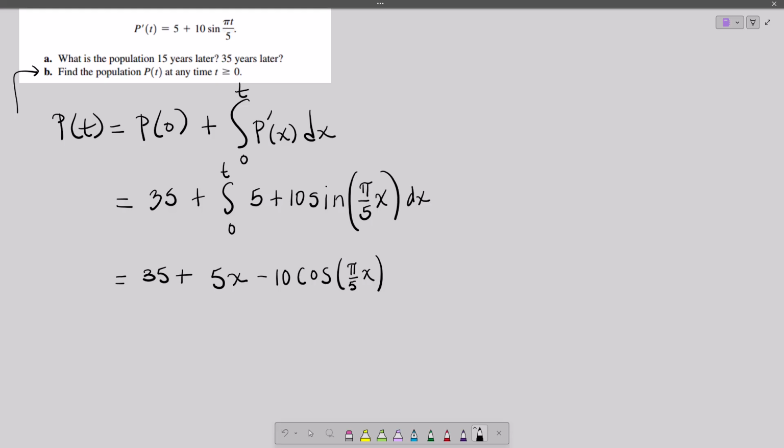Now we have to do the RCR business. This is a linear function right here. That is linear. That tells us that we can use RCR, the reverse chain rule. You could use substitution. If you want to do 5 extra steps, you can do substitution. Totally fine. What is the derivative of this quantity?